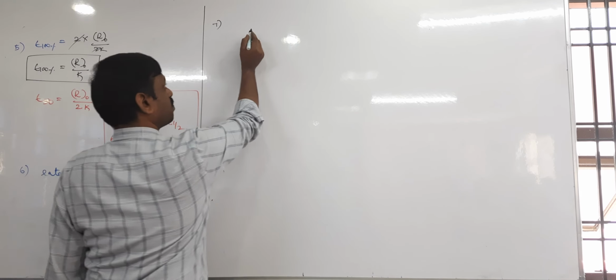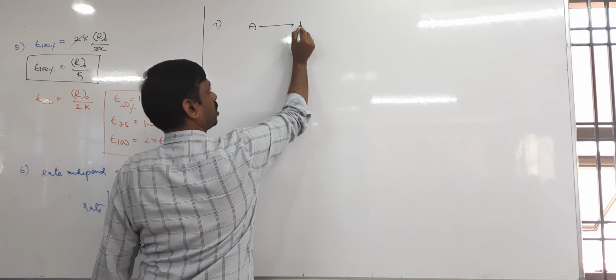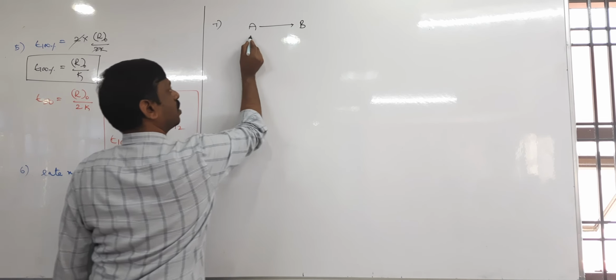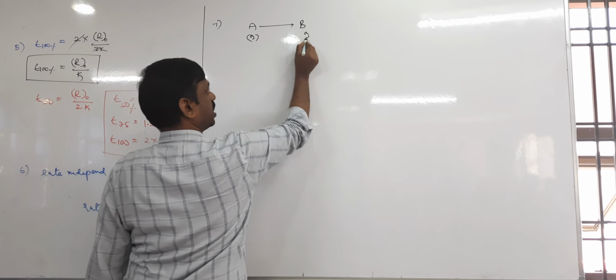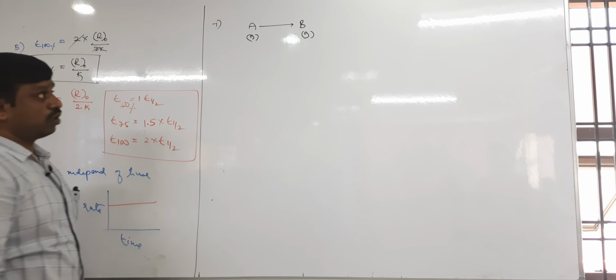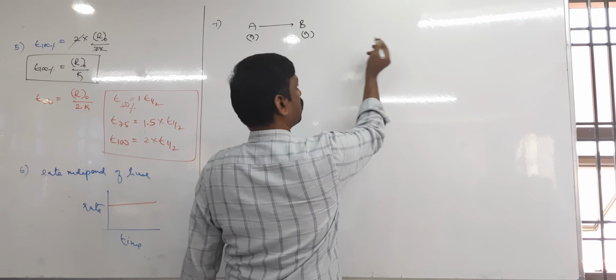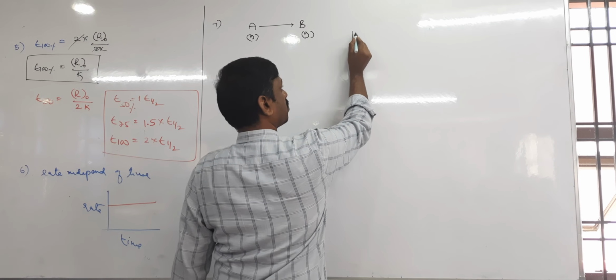Now, for example, let us take A gives rise to a product, say product B. Both are in gaseous state. Now tell me, if it is an aqueous solution, what is the rate constant for zero order?